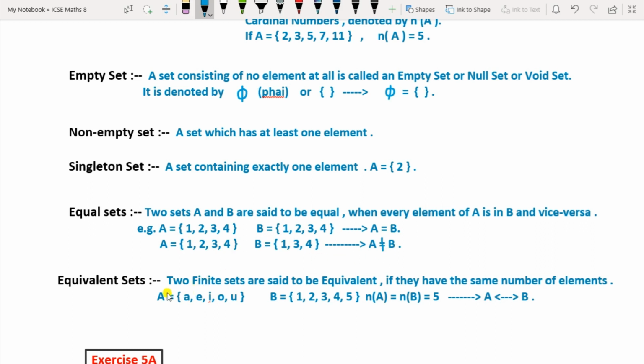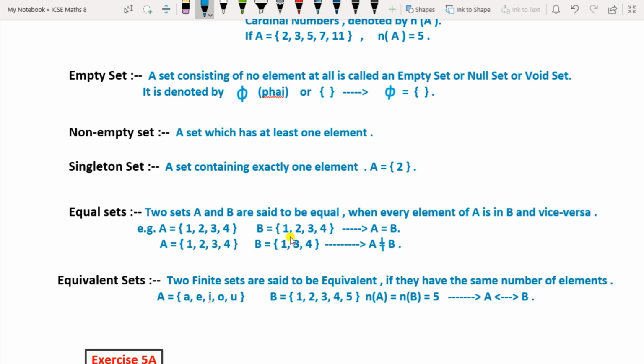Now equivalent set. Two finite sets are said to be equivalent if they have the same number of elements. For example, A is a, e, i, o, u and B is 1, 2, 3, 4, 5. Here you can see the elements are not the same but the cardinal numbers are the same. In equal sets, the elements should be the same and the cardinal numbers should also be the same.